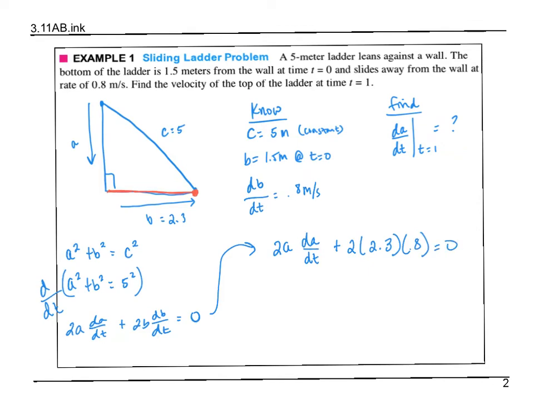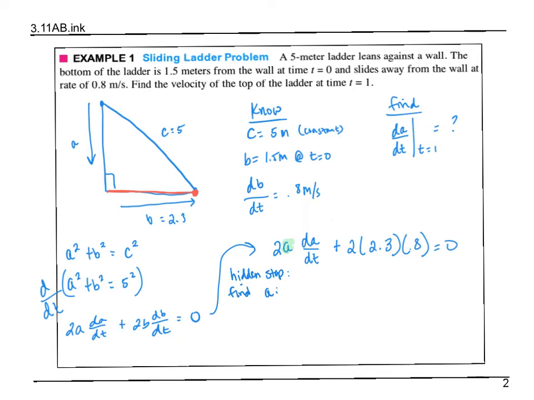So we currently have too many unknowns. We need to figure out what this A is so that we can actually solve for dA over dt. This is what would be considered a hidden step. Finding A.